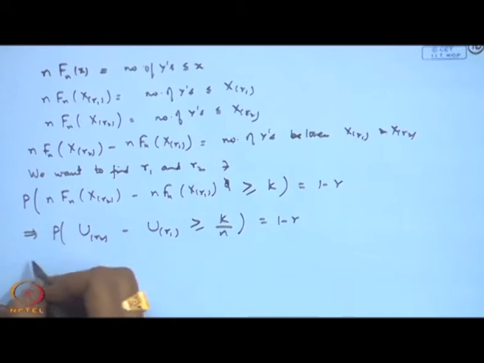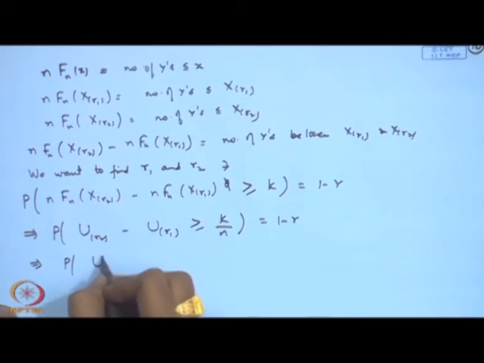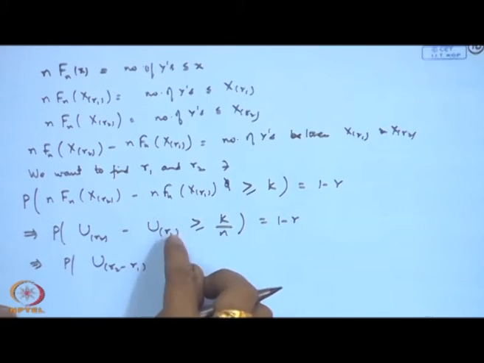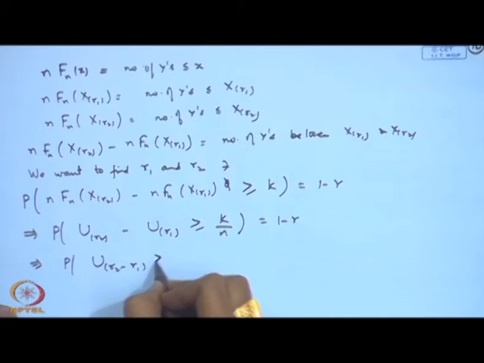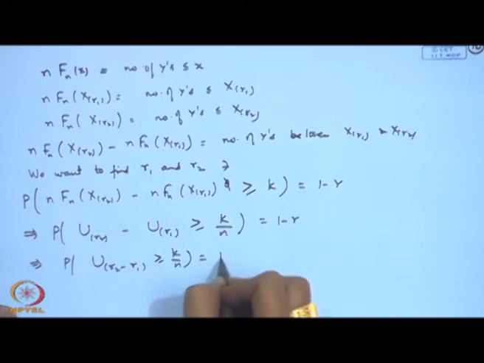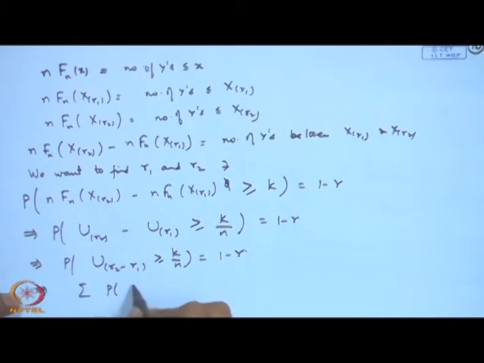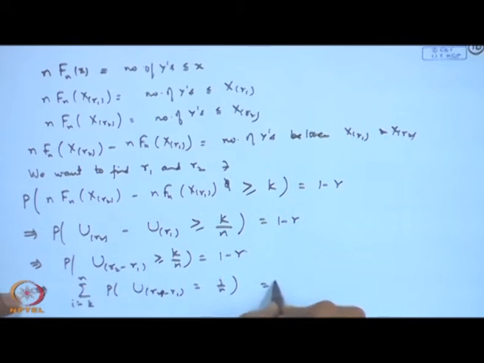We have seen that the distribution of the difference U q minus U p has the same distribution as U q minus p. So, that is equal to 1 minus gamma here. So, this is nothing but the sum of probability of U R 2 minus R 1 is equal to I by n, where I is equal to k to n, that is equal to 1 minus gamma.